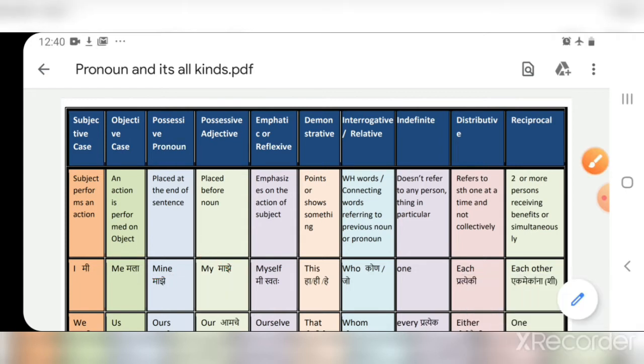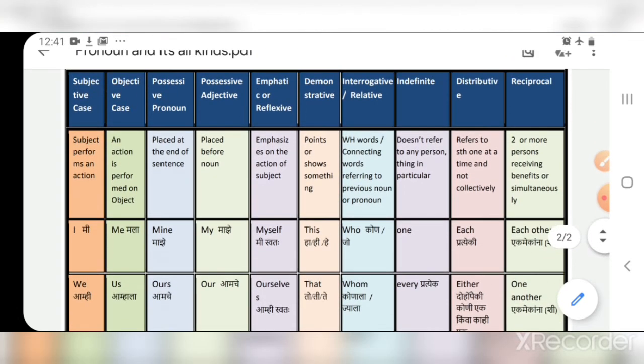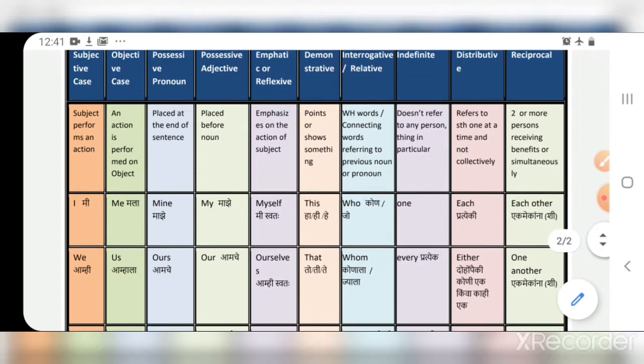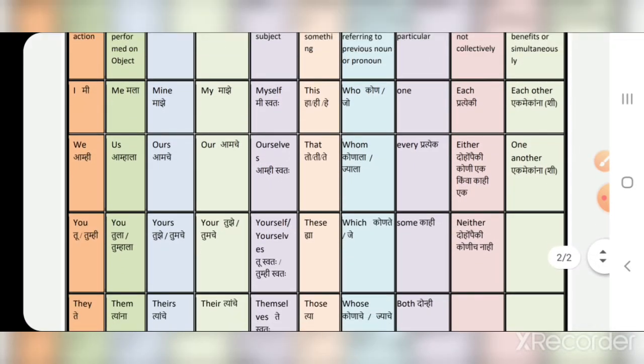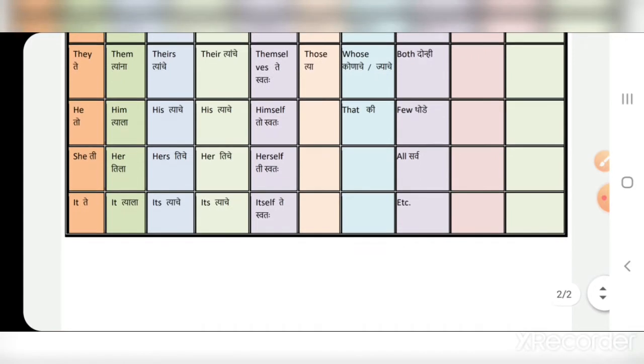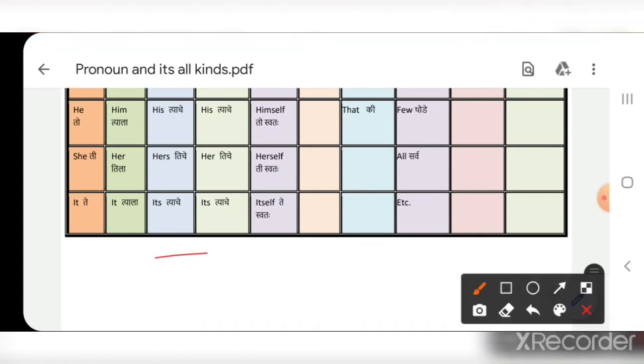So basically the meanings of the sentences do not change, just the places change, and they matter. So let's see which are the possessive pronouns. Mine, ours, yours, theirs, his, hers, its.